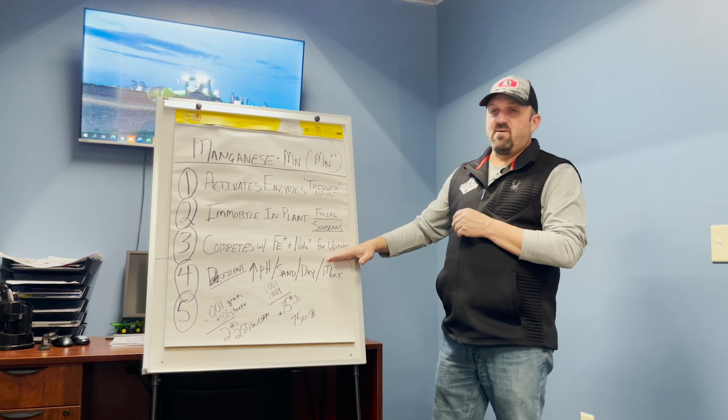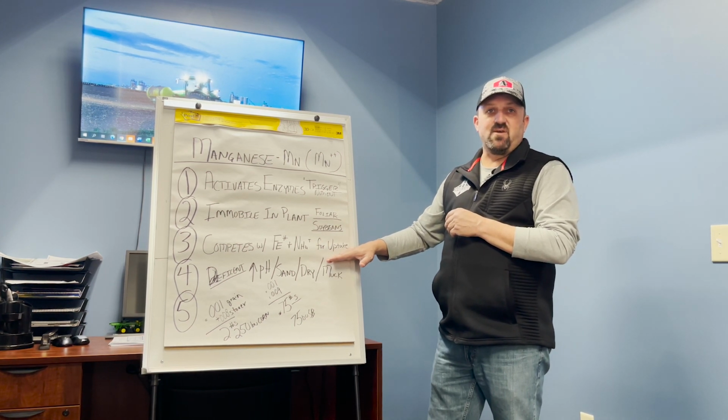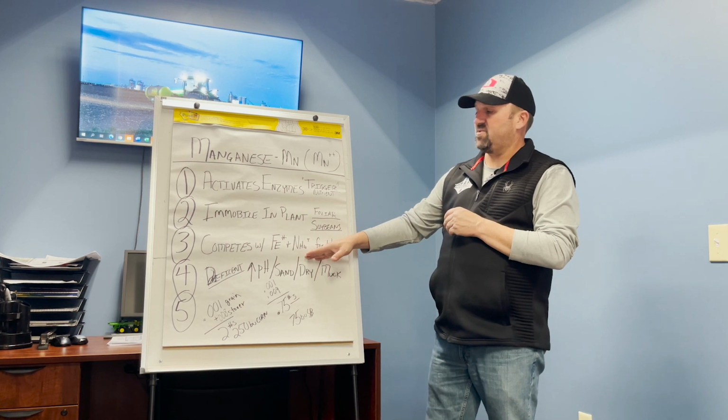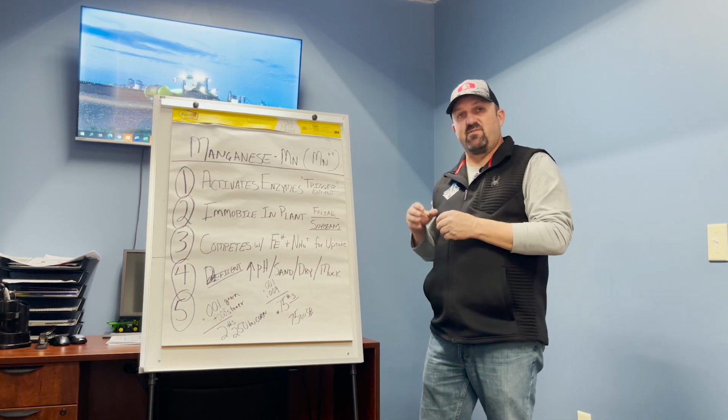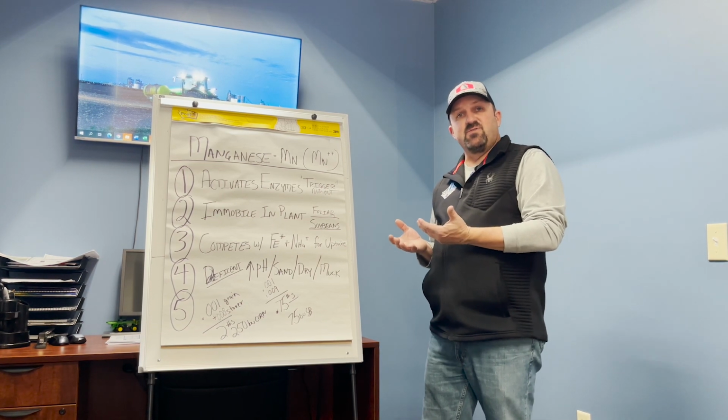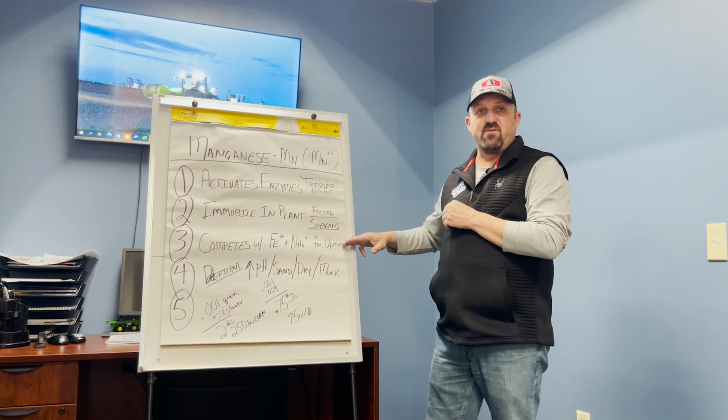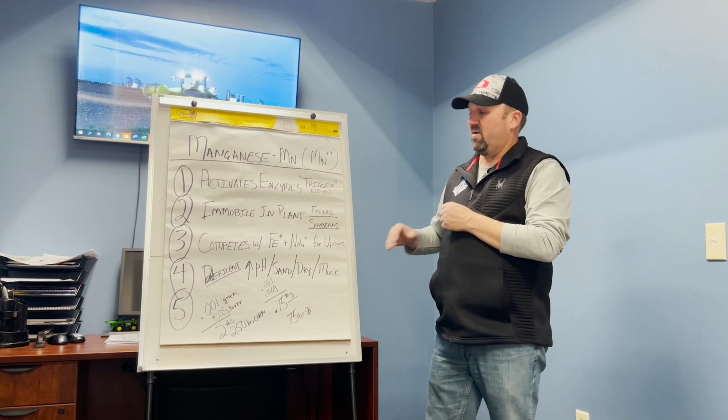One of the challenges with manganese is it does compete to get in the plant with some other nutrients, ammonia and iron. And so there's a competition going as far as keeping some of those in balance. If we get too much of one uptake, we can run into issues.